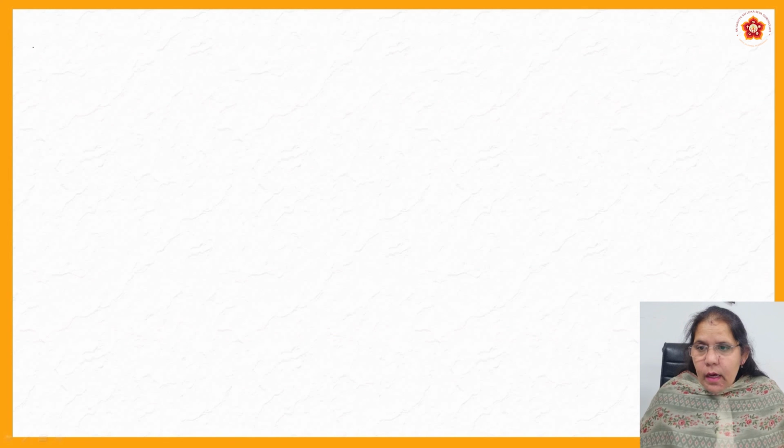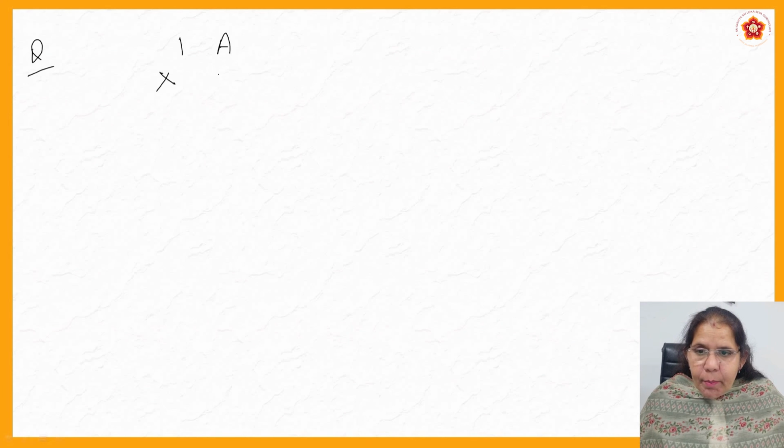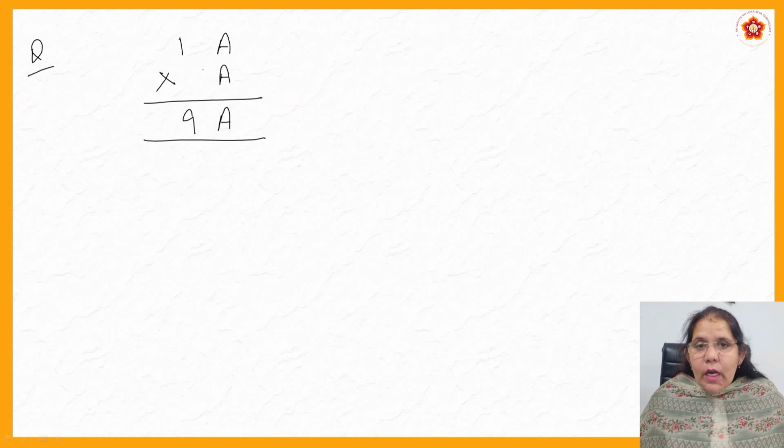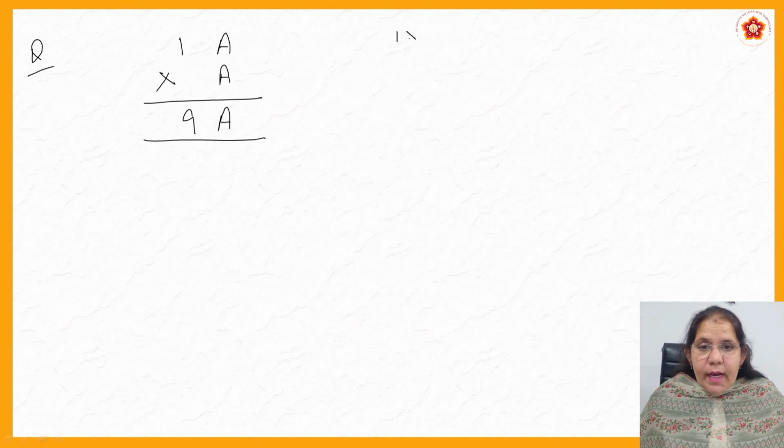Let us take a problem on multiplication. 1A multiplied by A gives 9A. First of all, just see here, A multiplied by A gives a number which ends with A. If we see 1 multiplied by 1 gives 1. But can we have 1? Put it here. 11 into 1 will come 11.